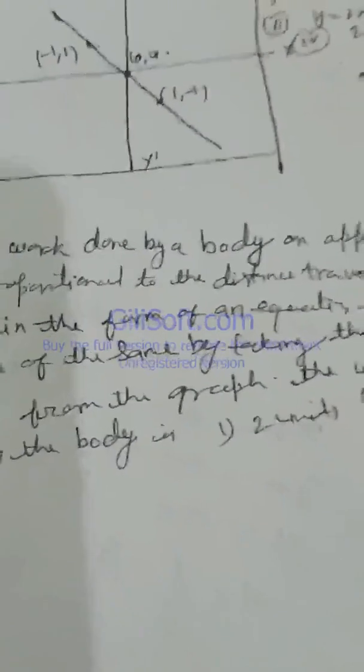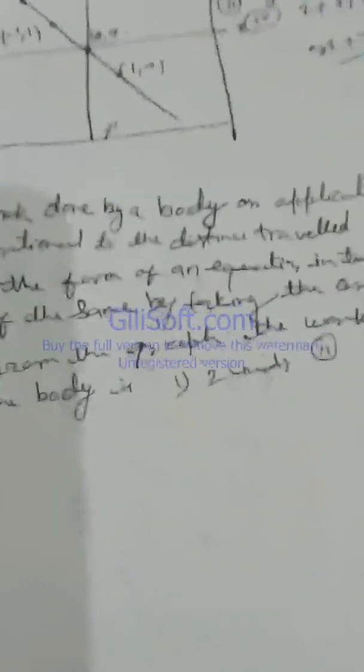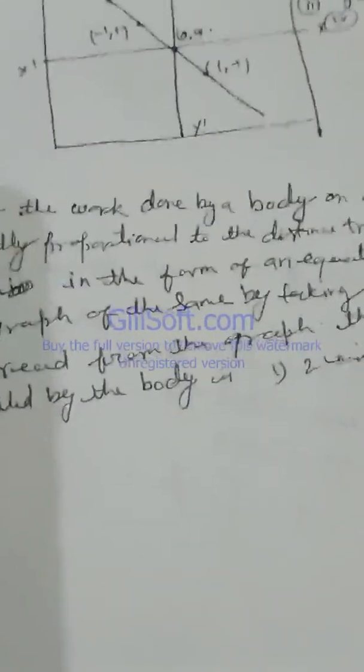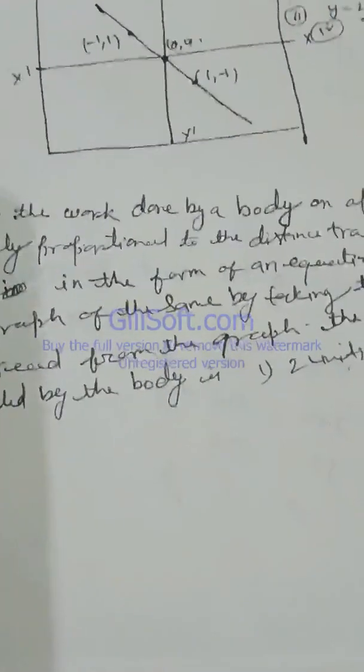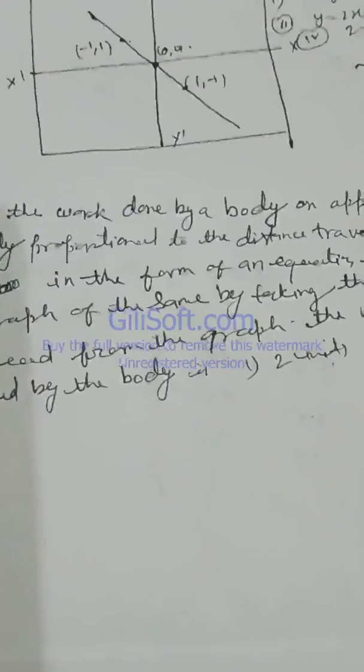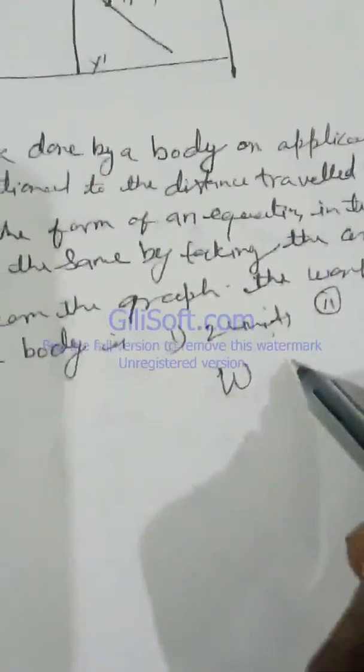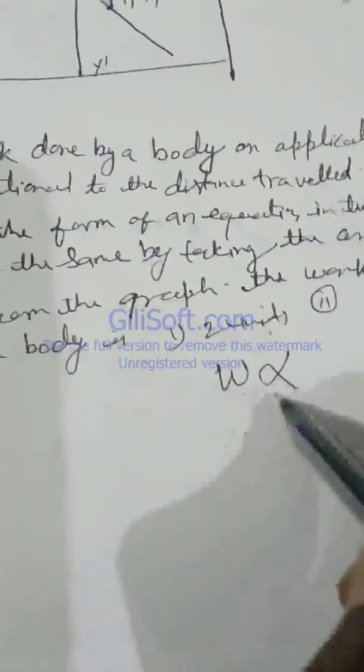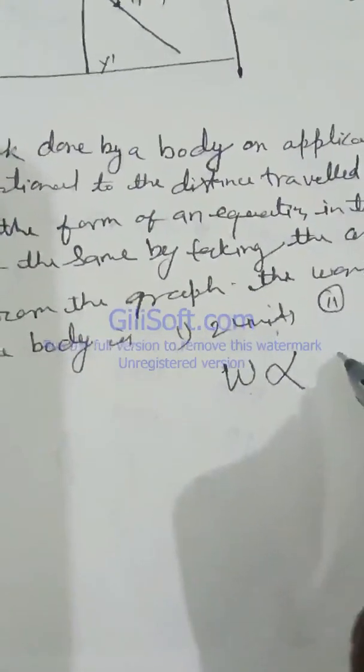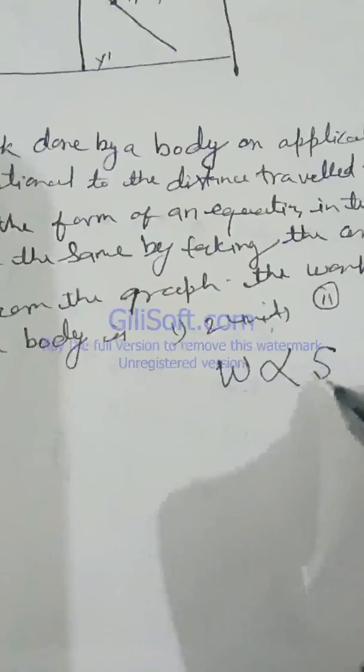Look here, this is actually a physics question which you have to study in class 9th, but now this is the application. You know that physics is always the language of mathematics. So look here, work done by a body on application of constant force is directly proportional to the distance. So you have to write here W, the symbol of work done, is directly proportional to total distance.